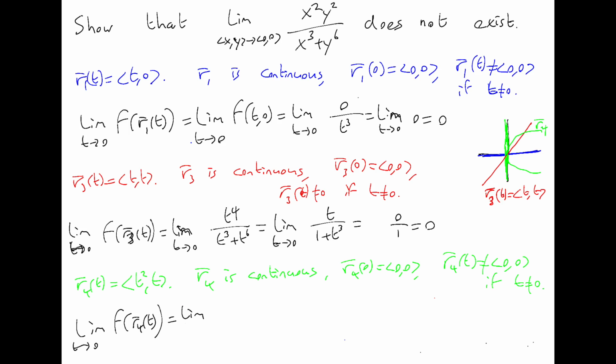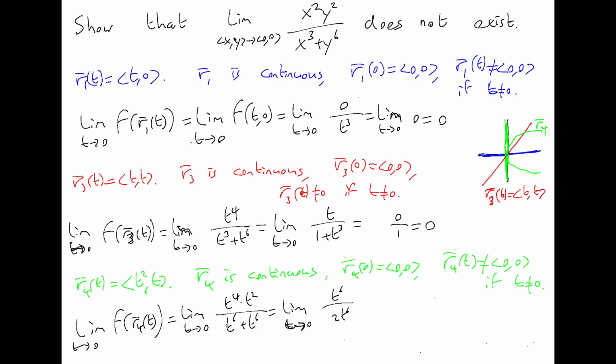What happens if we compute this limit? For x I have to plug in t squared, and for y I have to plug in t. So I get t to the 4th times t squared in the numerator, and in the denominator I get t squared to the 3rd, so that's t to the 6th, plus t to the 6th. So I get t to the power 6 over 2t to the power 6.